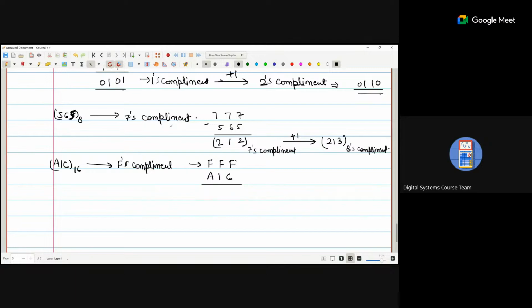A is 10, B is 11, and C is 12. 15 minus 12 is 3. 15 minus 1 is 14, which is E. And 15 minus 10 is 5. So that is the F's complement, 5E3. Now if we add 1, we get 5E4. That is the F plus 1's complement.